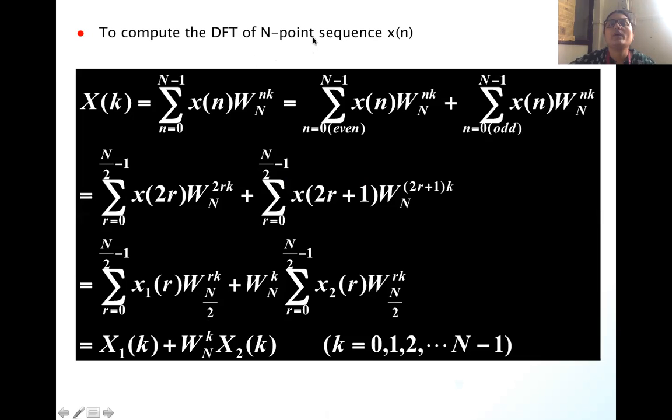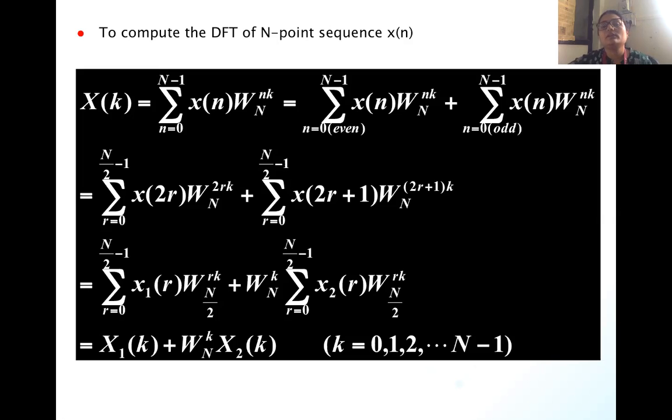To compute the n point DFT for the sequence x of n, we have X of k equal to summation. The entire sequence is from 0 to n minus 1, 16 points. But what we did was divide the sequence into even points and odd points, collected from the entire 16 points.